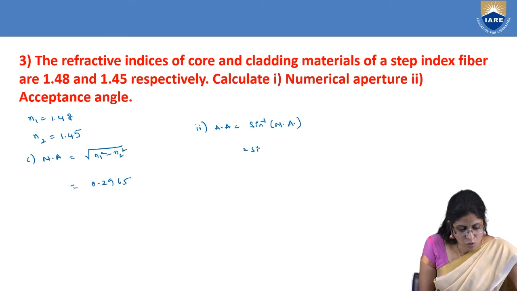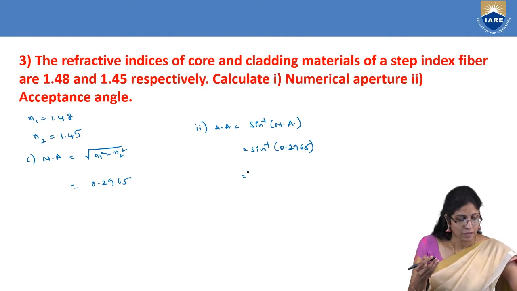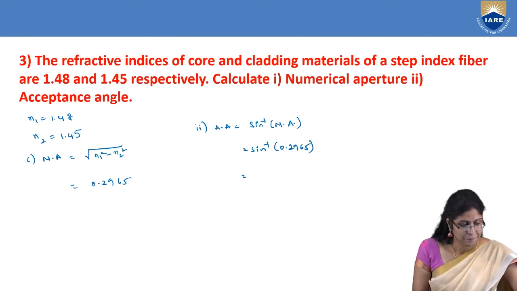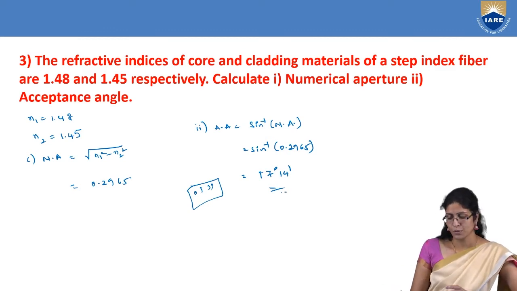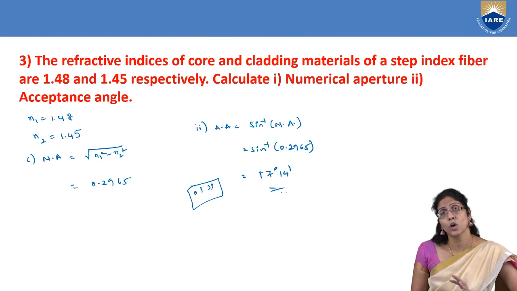So sine inverse of 0.2965, as I have told you, you'll end up with some answer, and then you just press this button, then you end up with 17 degrees 14 minutes. So always remember that you should conclude your acceptance angle not as decimals but as degrees.